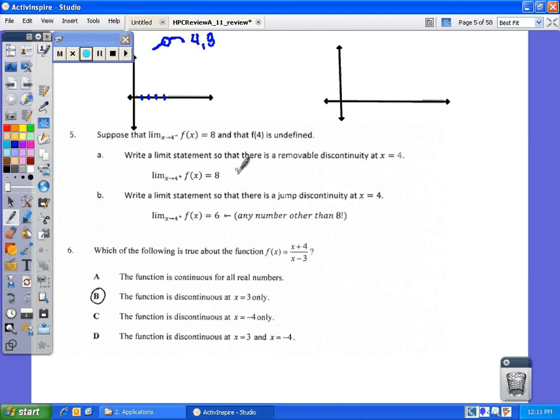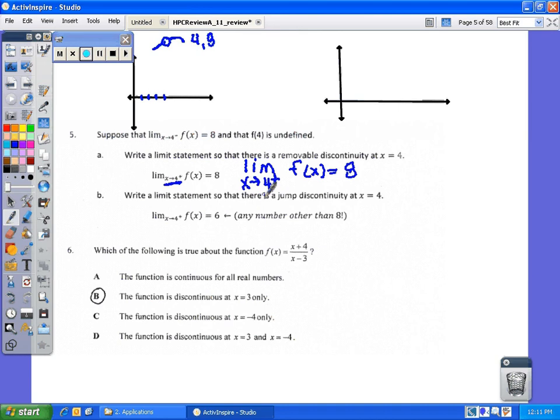Now I'd like to make a comment about this notation. Technically, the expression as x approaches 4 from the right side should be under LIM. Sorry for the correction here, and that's what it should look like. So basically this little expression belongs right under LIM.